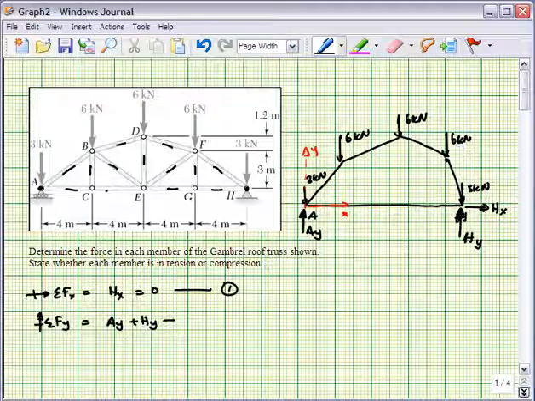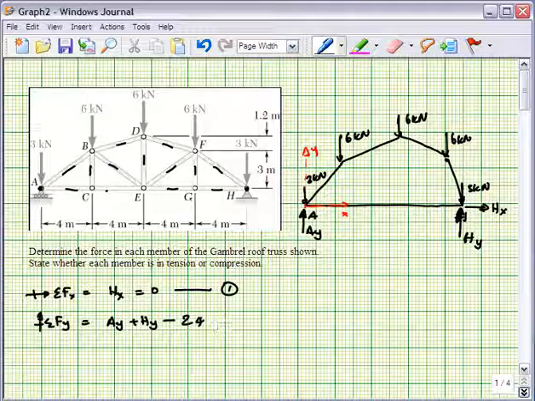Let's see, 6 plus 3, 9, 9 plus 6, 15, 15 plus 6, 21, 21 plus 3, 24. So I got 24 kilonewtons here.